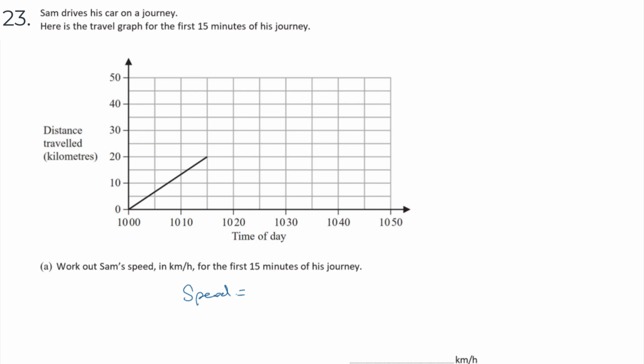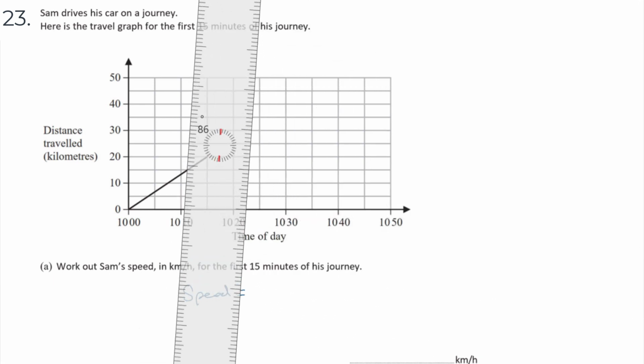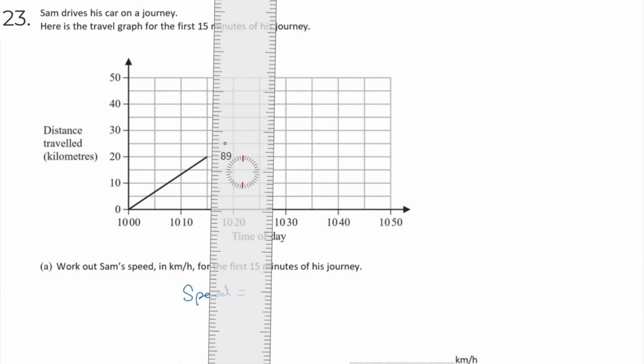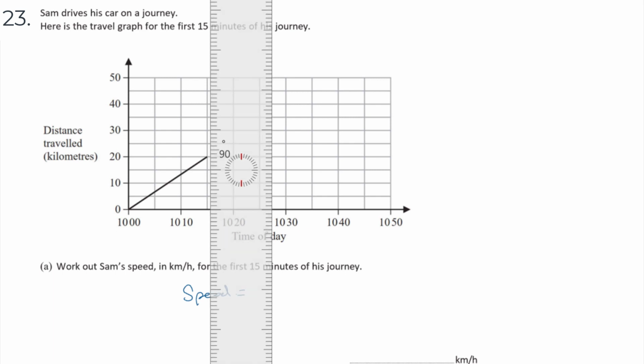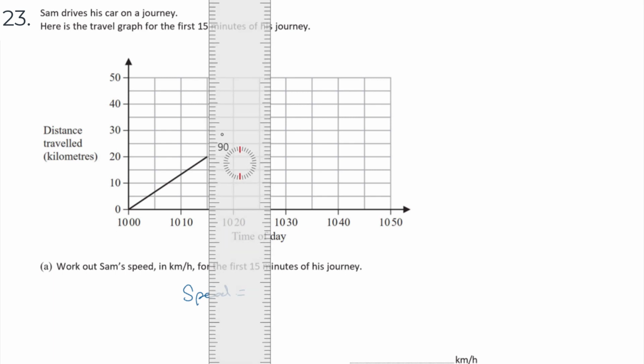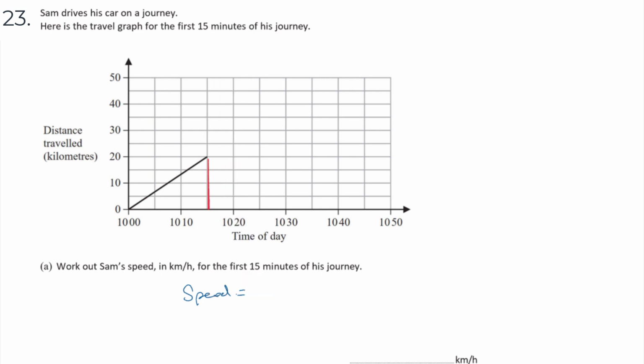Okay, so I'm just going to get a ruler out, just draw a little triangle here. And then we're going to look at change in y divided by change in x. So change in y, the difference between the y coordinates, is going from 20 down to 0. So that's a distance of 20, isn't it?